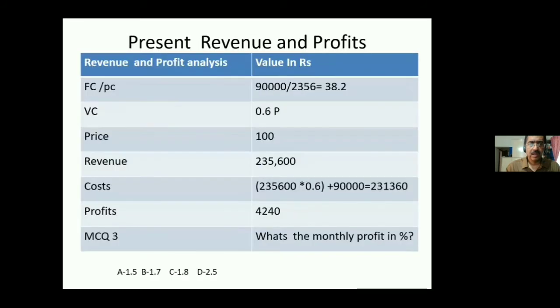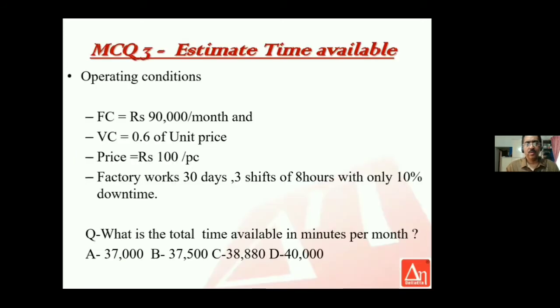Now, we will see the time available for the factory, considering that they are working 30 days and 3 shifts of 8 hours with 10% downtime. So almost they are working round the clock, okay, to make these trays.